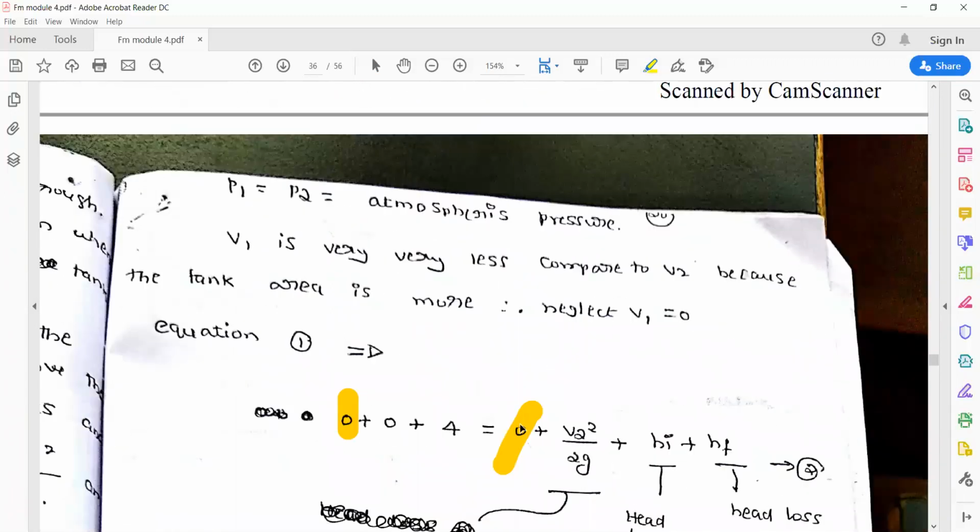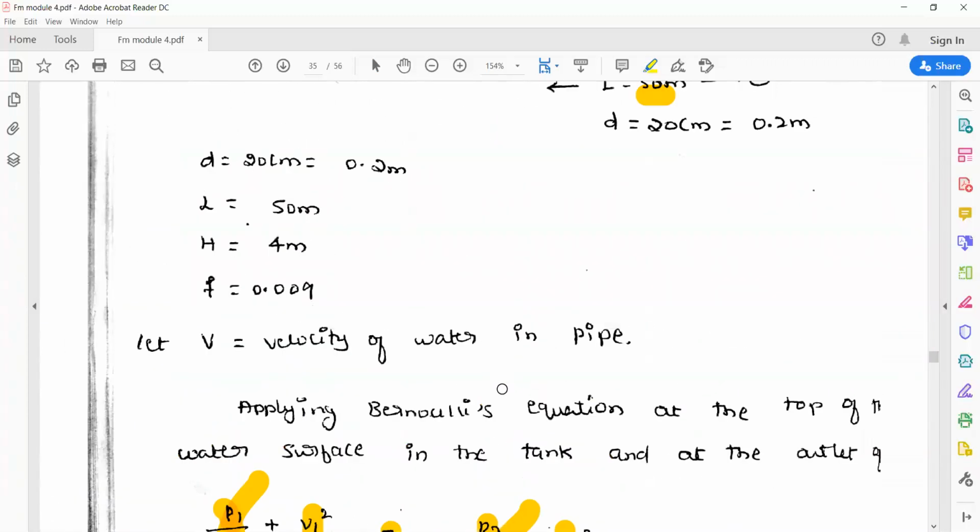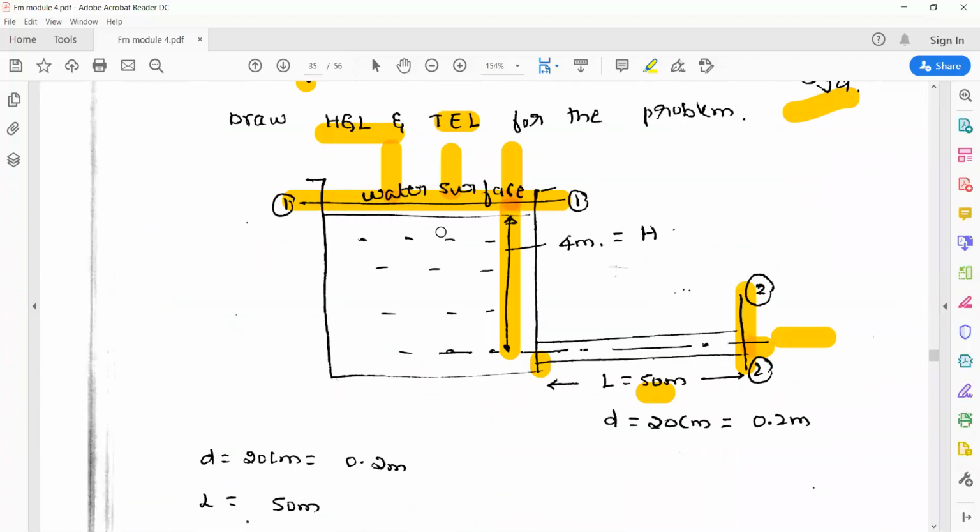Now V1 square by 2g also they have written as 0. Why? Because section 1 is the tank, and the water level decreases very slowly when water starts flowing, because the area of the tank is very big.